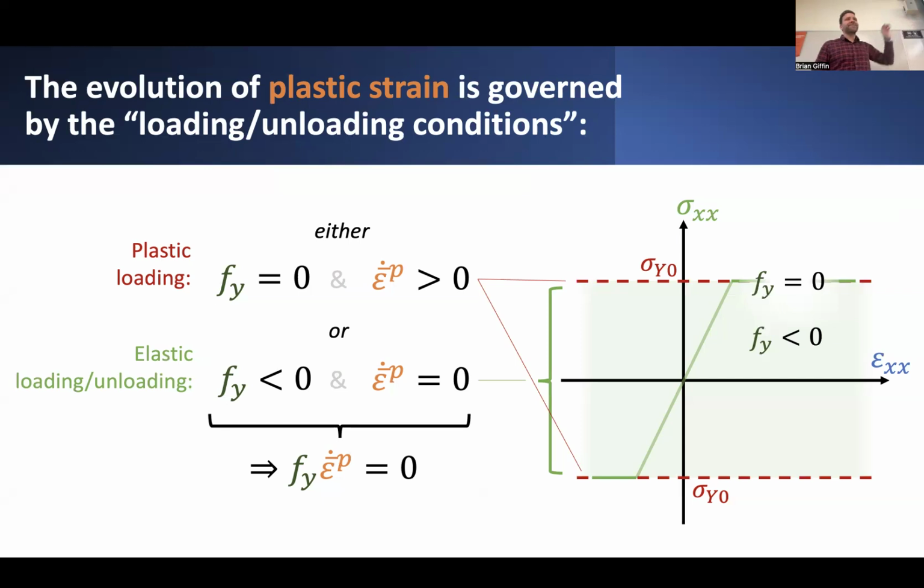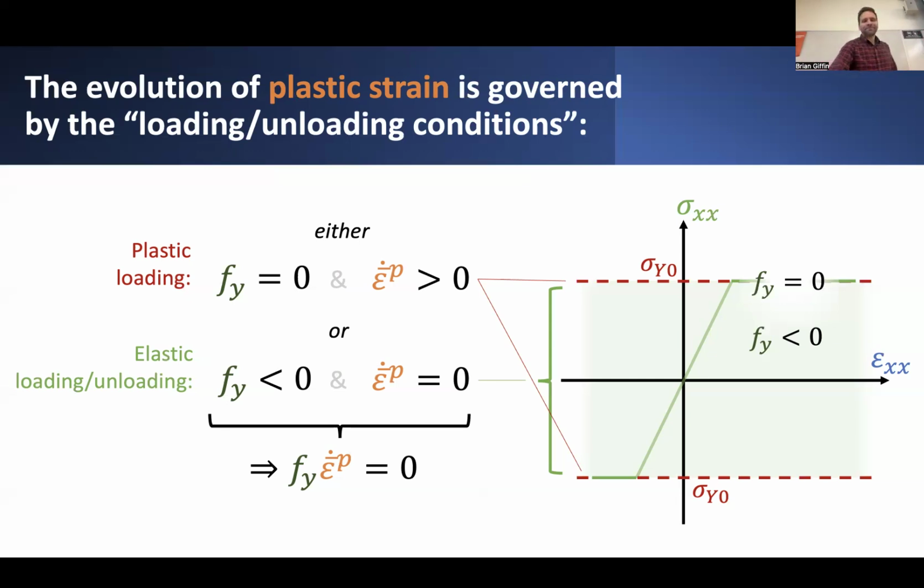Collectively, these are sometimes referred to in the mathematical context as Karush-Kuhn-Tucker conditions, which enforce this sort of inequality constraint, a fairly general interpretation of how inequality constraints are enforced. In fact, it has some bearing in contact mechanics, as we might get to later on in the course.